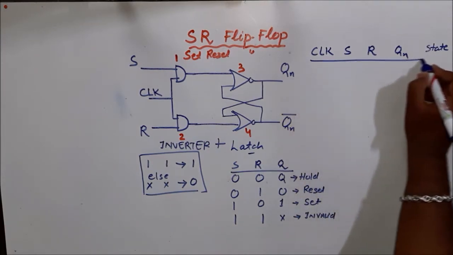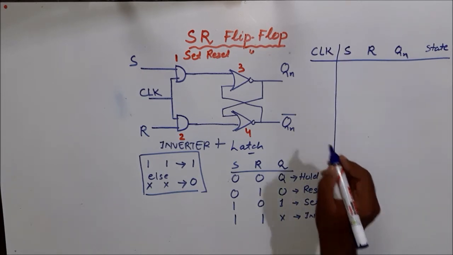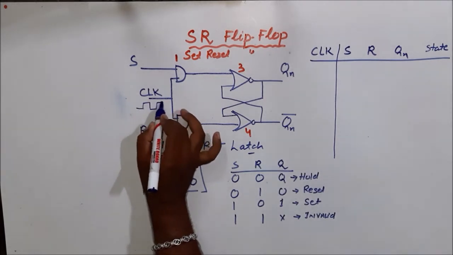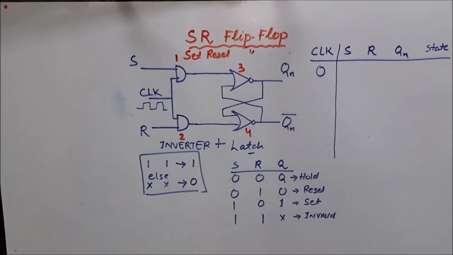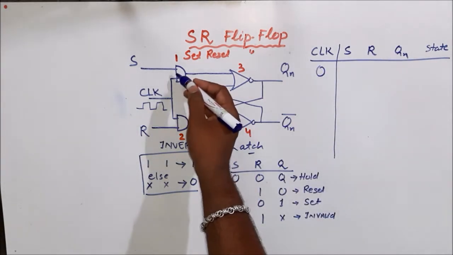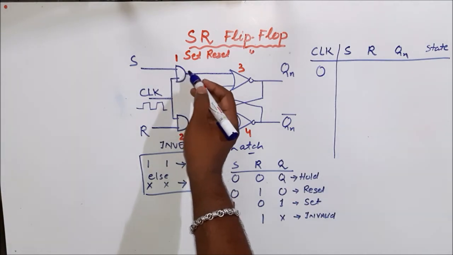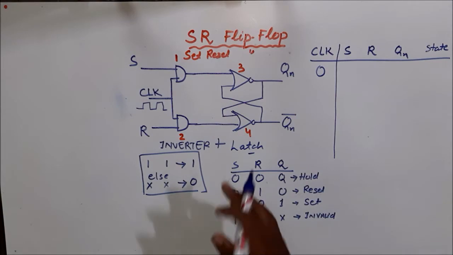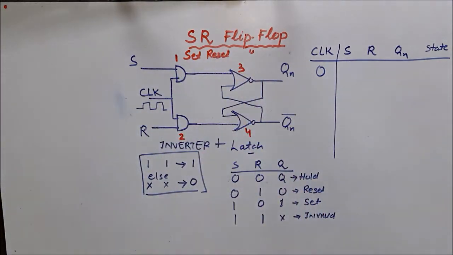We'll find out what is happening. When the clock is 0, remember that when both inputs of an AND gate are high, the output can go high. But if the clock is 0, the output must remain 0.